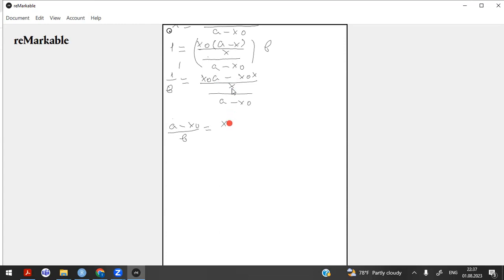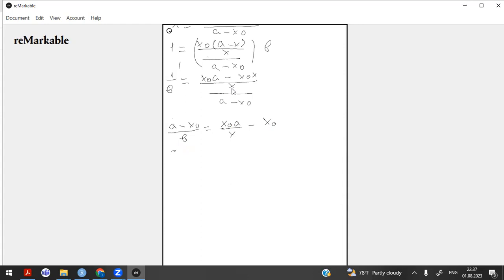So we are splitting this: x0 multiplied by a over x, and here we get minus x0 x divided by x, which will be, in this case, x0. Then we simplify it further.